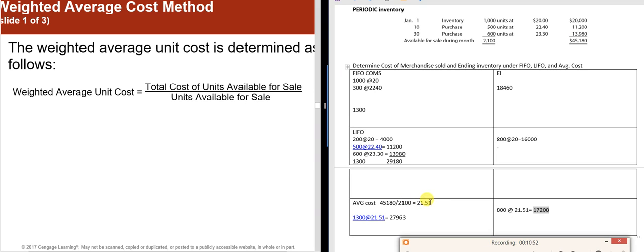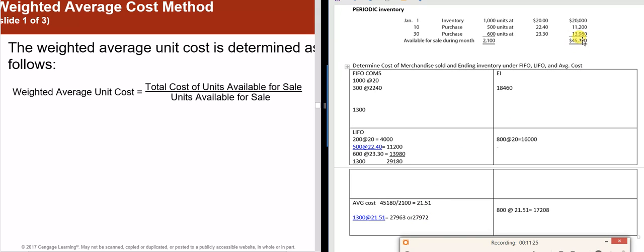I just generally round it to 2 decimal places. Some of you will say, okay, well, I only computed one of these and backed into the other one. So you might get 27,972, which is simply taking 45,180 minus 17,208 to back into that one.